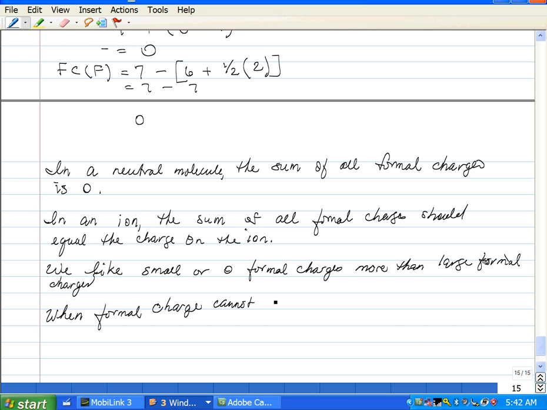When you absolutely cannot find a configuration where you have zero formal charges, the negative formal charge can reside with the most negative atom.